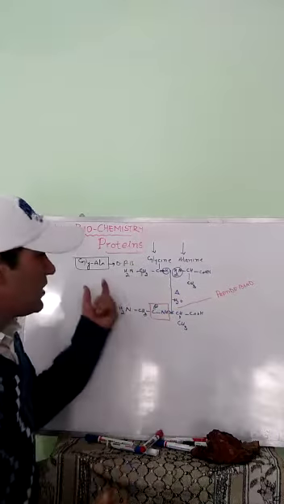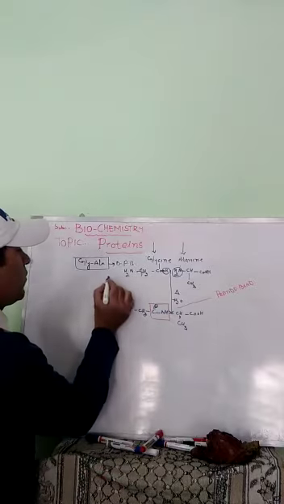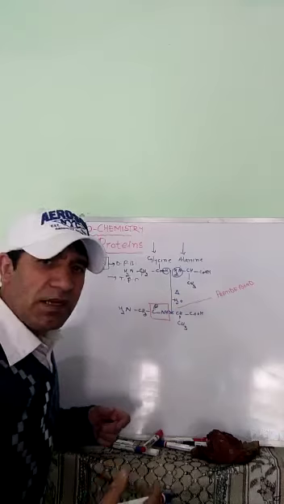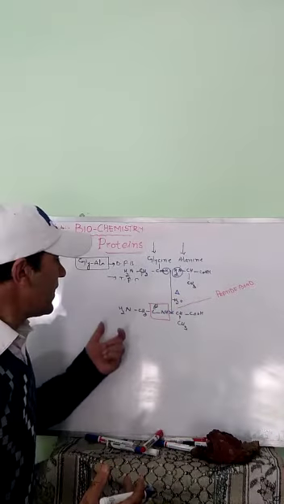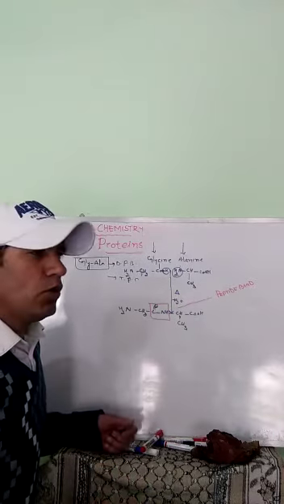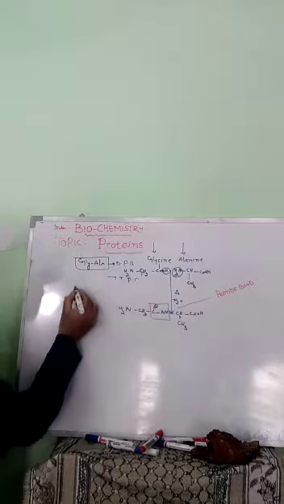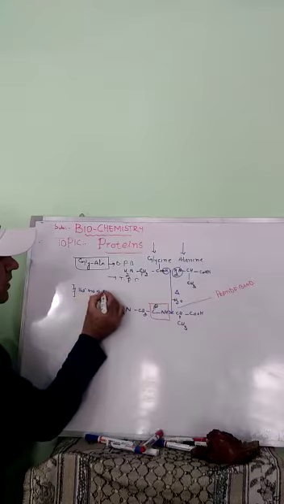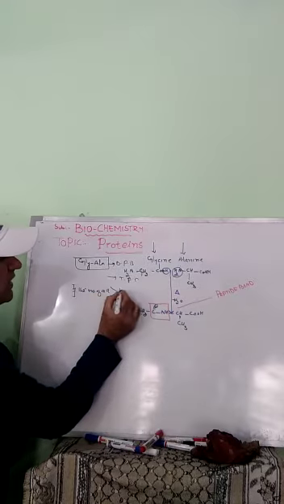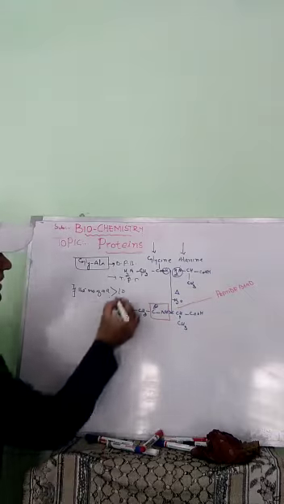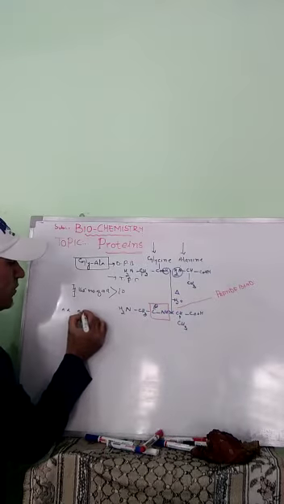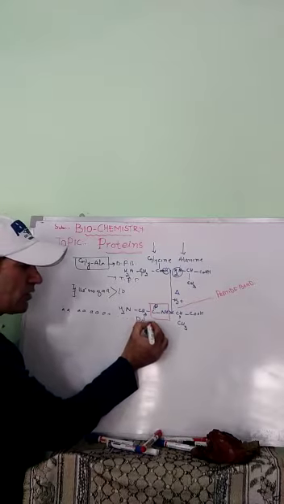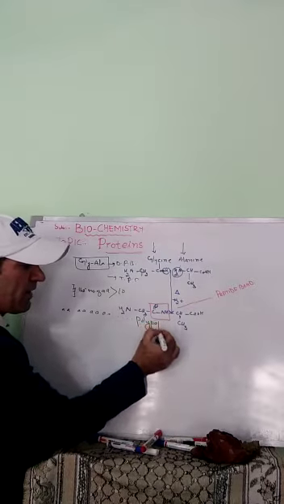When three amino acids are joined together, they make a tripeptide. If four amino acids are joined together, then tetrapeptide, and so on. Students, if the number of amino acids is more than 10, then that mass of amino acids is known as a polypeptide.